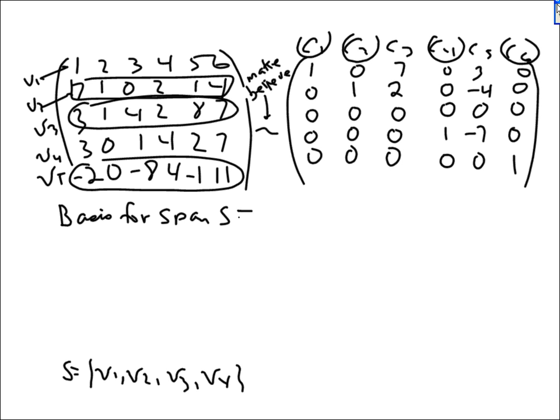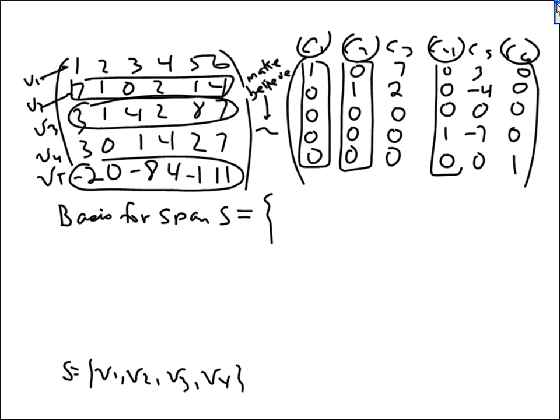The answer will be the columns that had leading ones: the first, the second, the fourth, and the sixth.